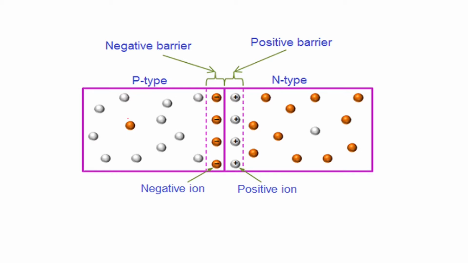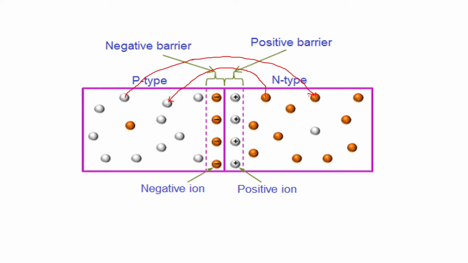When p and n are joined, initially electrons from n-type will be attracted towards the holes of p-type, and the holes from p-type will be attracted towards the electrons of n-type.